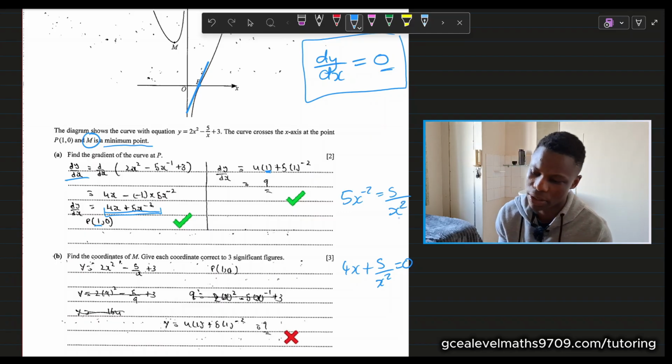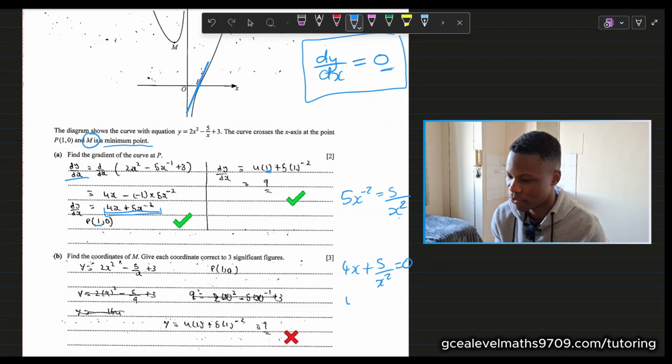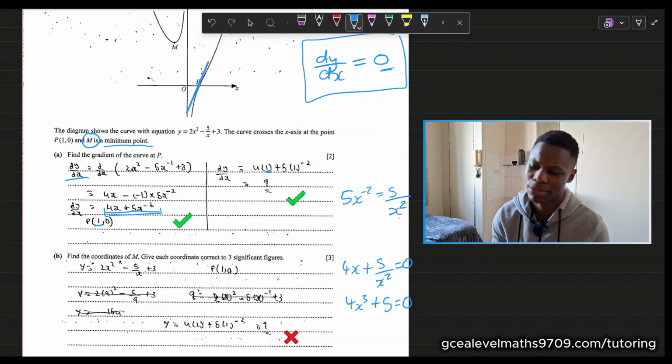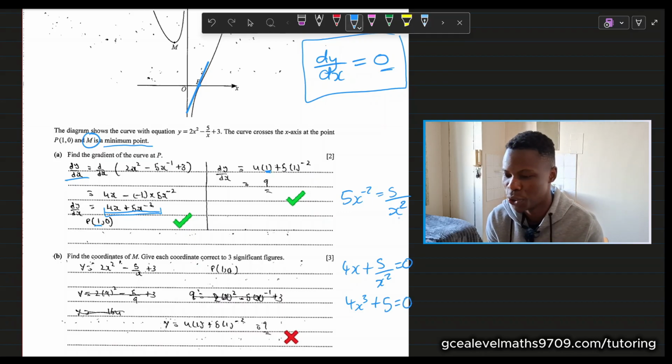Because it's always easier to deal with positive powers. And at this point, you can just multiply through by x squared so that you've got 4x cubed plus 5 is equal to 0. And at this point, it should be pretty straightforward how you solve for x. If it's not, then something is wrong. But anyways, that's literally what bro had to do here.